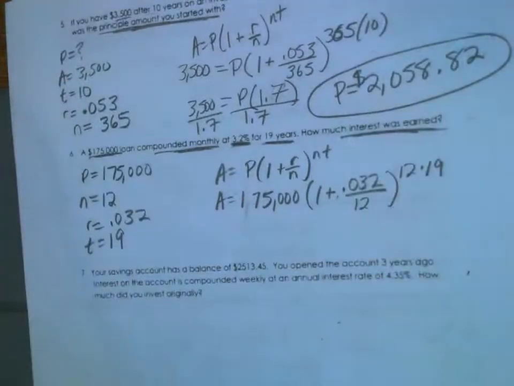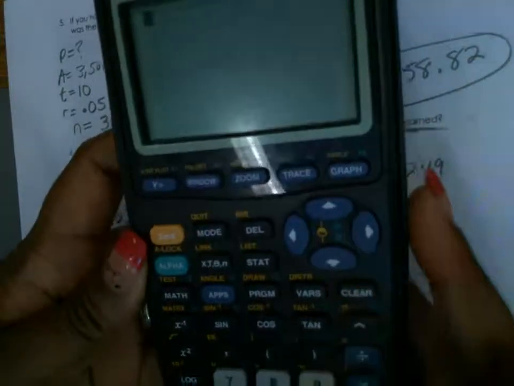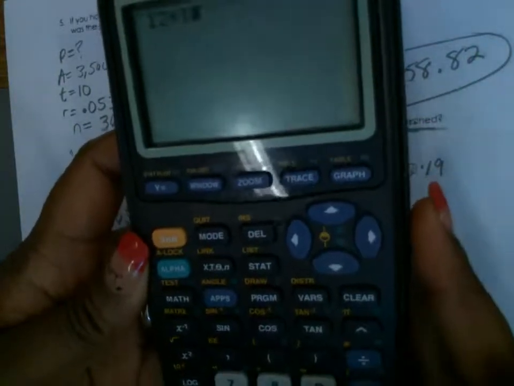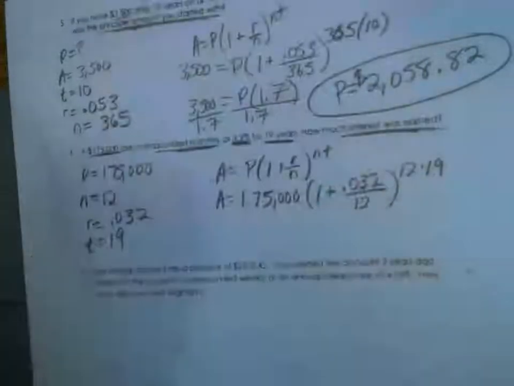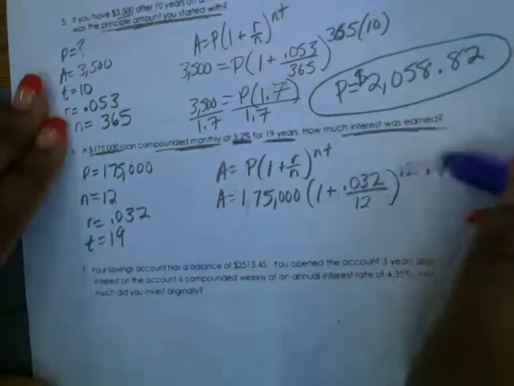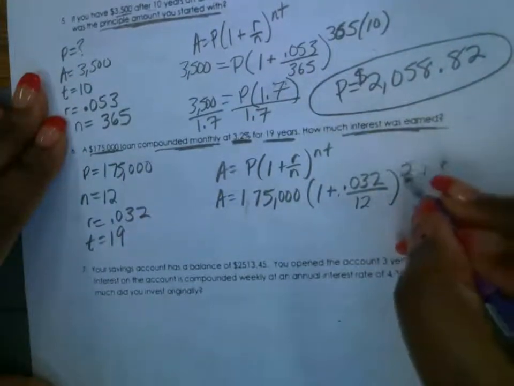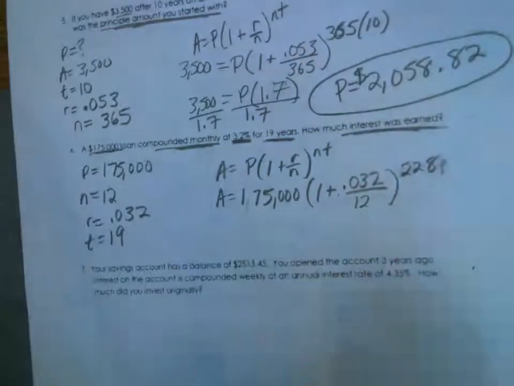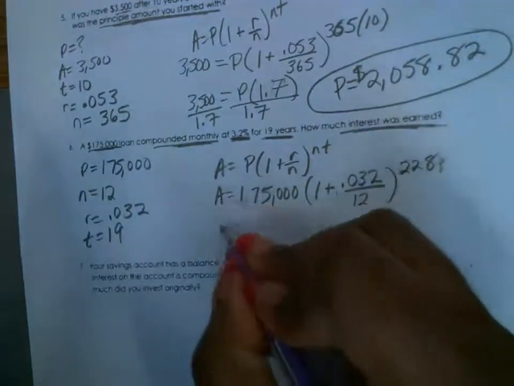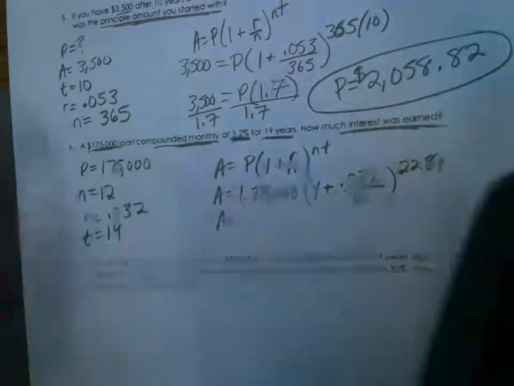Okay, I'm going to go ahead and do what 12 times 19 is. We got 12 times 19, so that's 228.